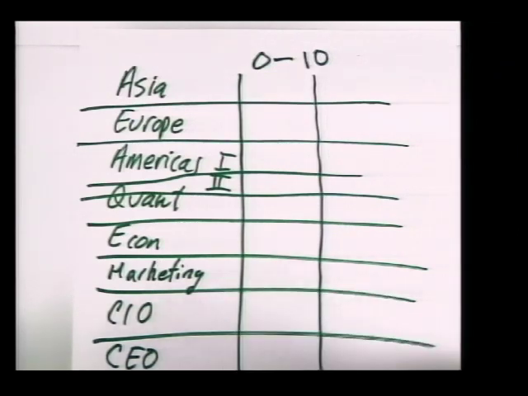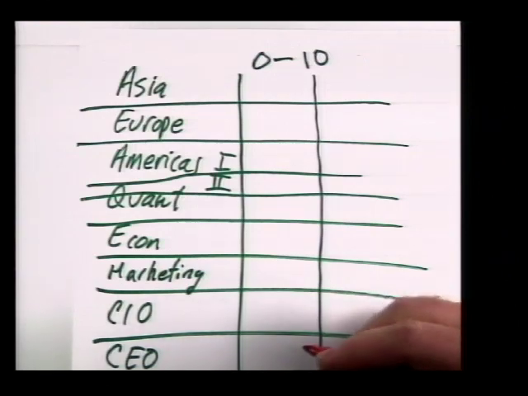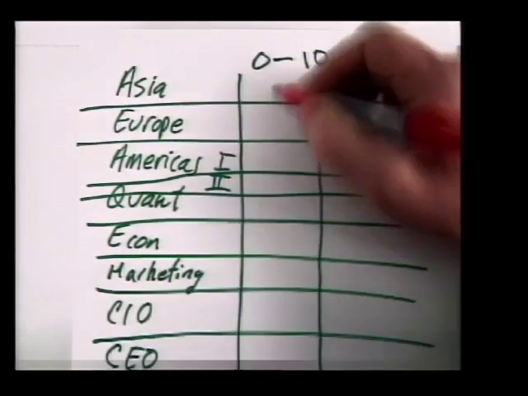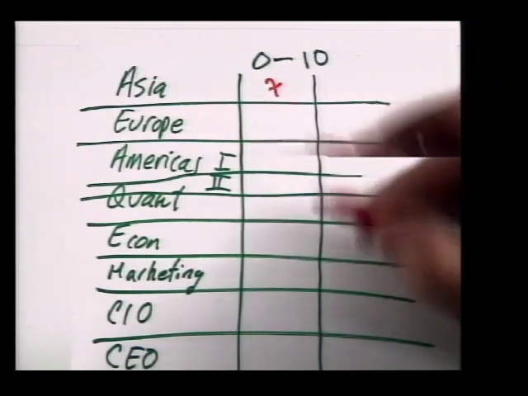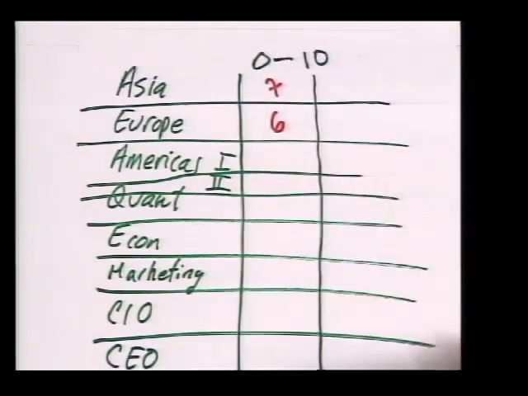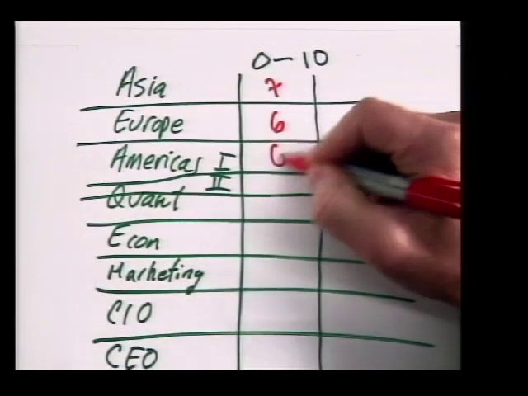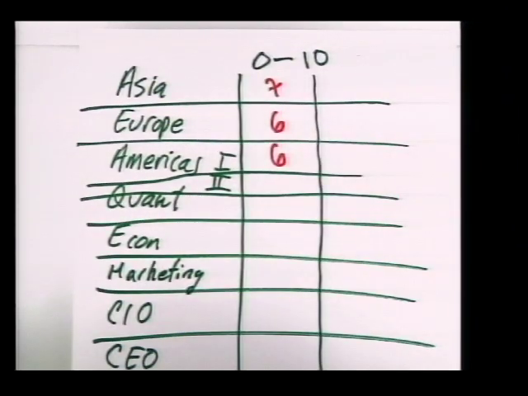Asia, how did you rate your functional managers? 7. Europe? 6. America's 1. America's 2. 6. Quant? 2.